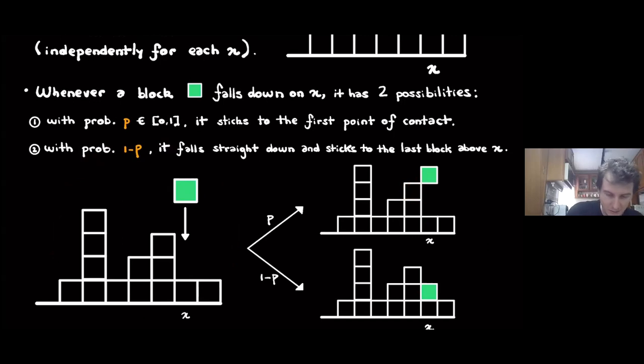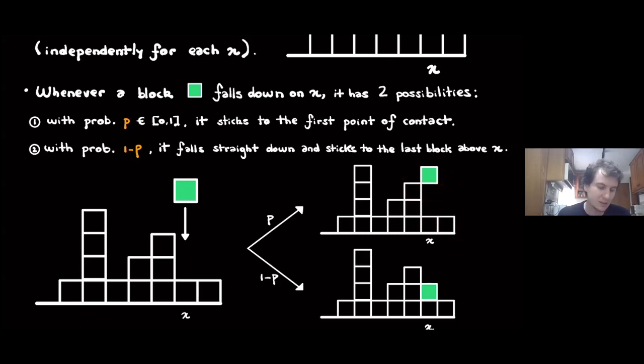So for example, if the block is falling on this column, okay, then the first point of contact is just going to be the last block on this column below, or sitting above this site right here, okay? So depending on whether this column is actually higher or lower than the neighboring columns, okay, we may have that this block, whenever the coin is heads, is going to stick to either this column or one of the neighboring ones, okay? Just like what you see here in the picture.